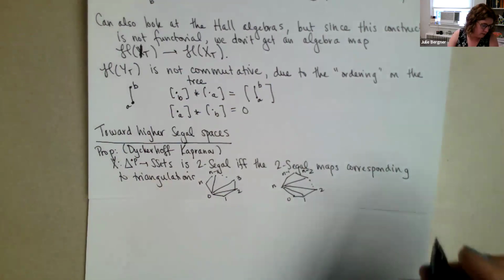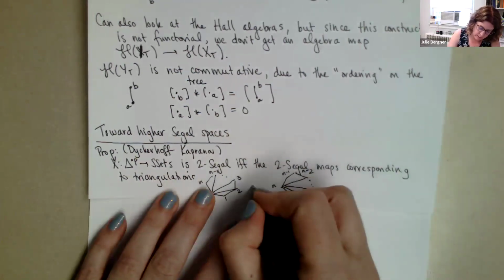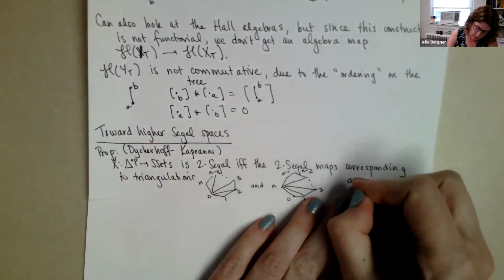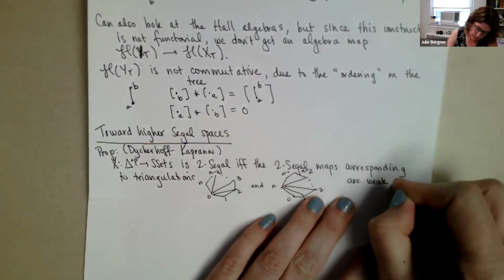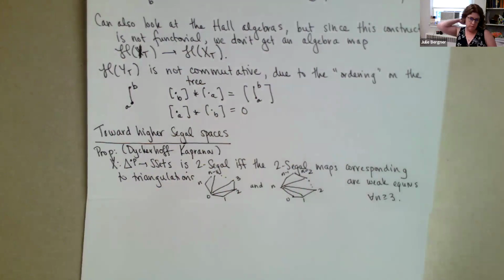And so it suffices if you just know that the Segal maps corresponding to these two triangulations are weak equivalences. And this would again, but I'd need to check it.